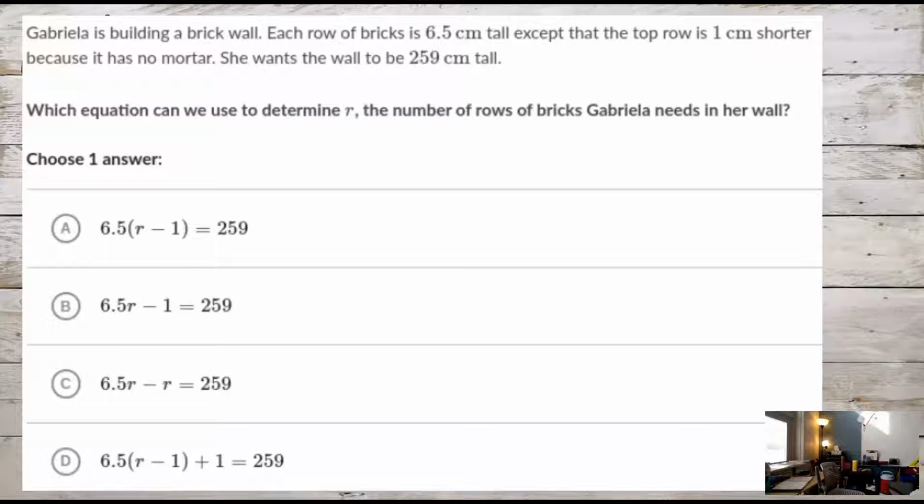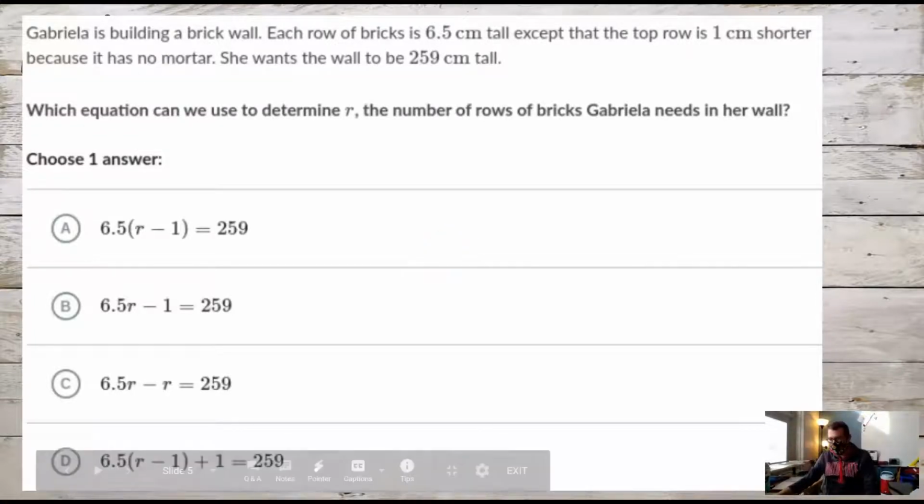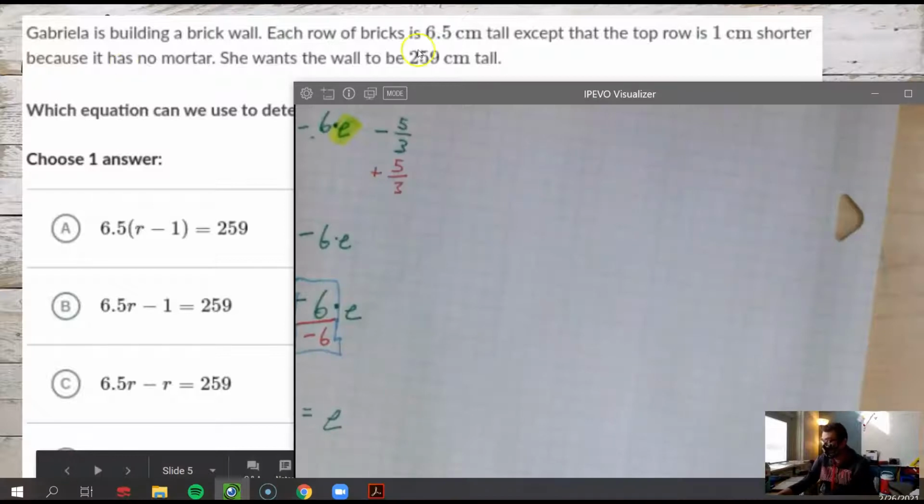So what we really know is there's a bunch of rows of 6.5. And then there's a row that is different. What would that different row be? Well, 1 centimeter shorter. Oh, if I'm recording this, I have to do this on paper. I keep forgetting what I write on the screen doesn't show up.